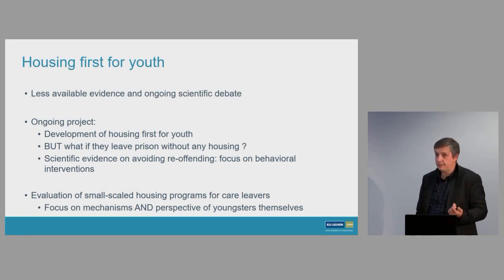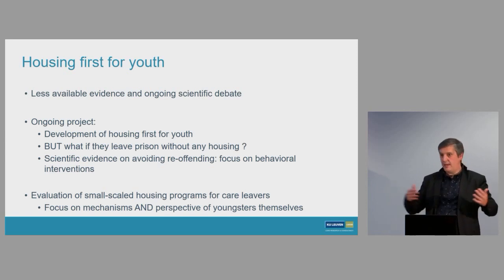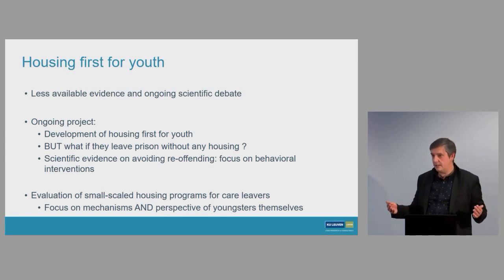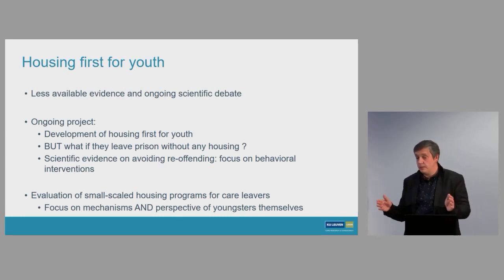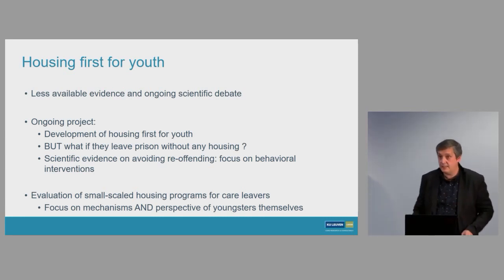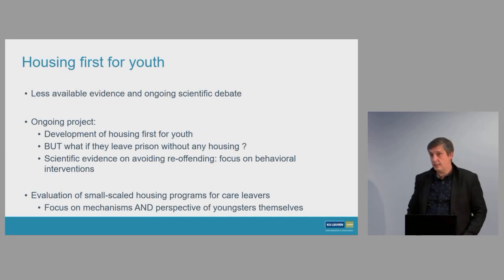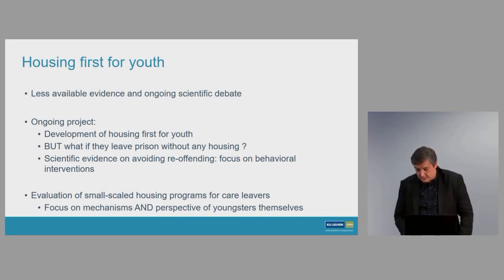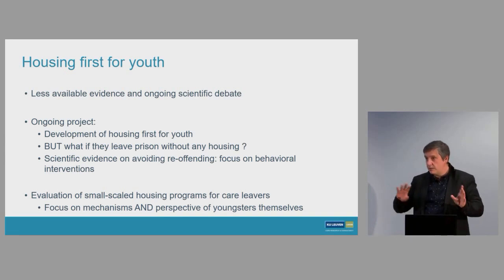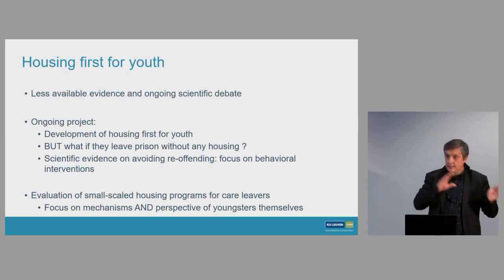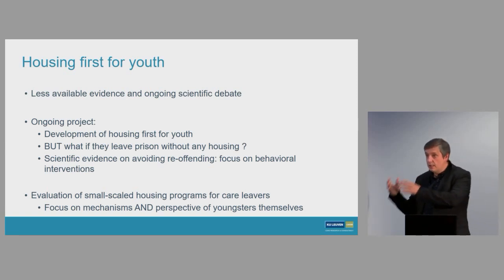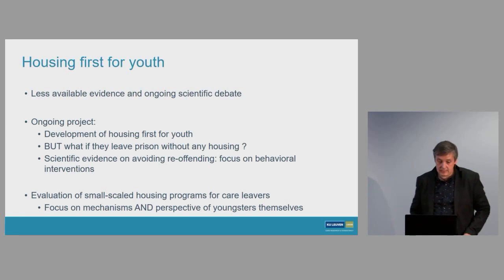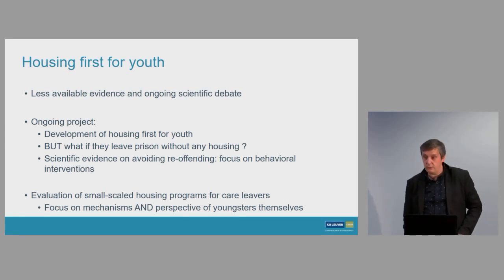It's quite simple. What they say is we have a very diverse target group, and if we go into the evidence, if we go to the scientific research, we don't find the right answers. So what we are doing now at this very moment, and it will be next year also, we are going to do some experiments combining the insights from housing first models for youth with these models which try to avoid reoffending.